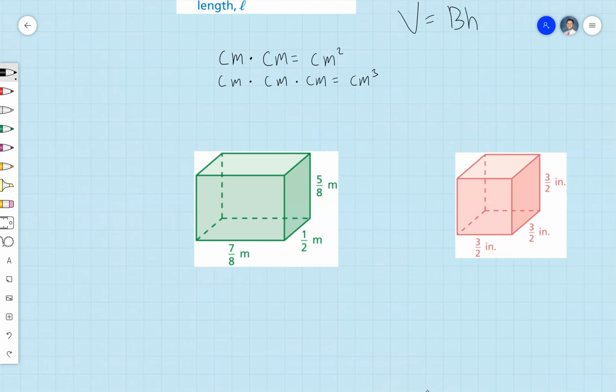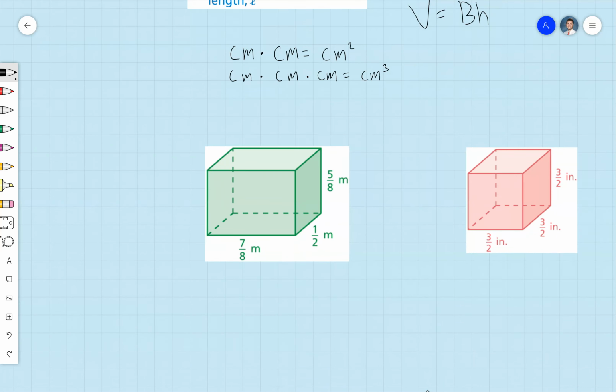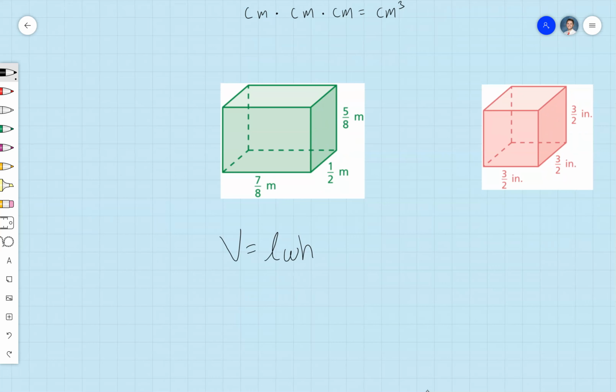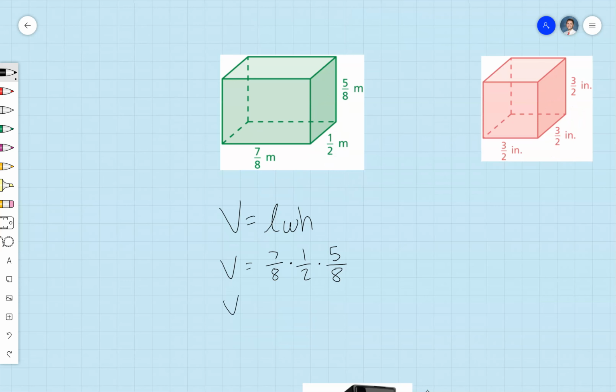So let's practice this a little bit. Here we've got this green rectangular prism. We have a length of 7/8, a width of 1/2, and a height of 5/8. Again, our formula is length times width times height. So we can substitute 7/8 for the length, 1/2 for the width, and 5/8 for the height. Now we can go ahead and multiply.